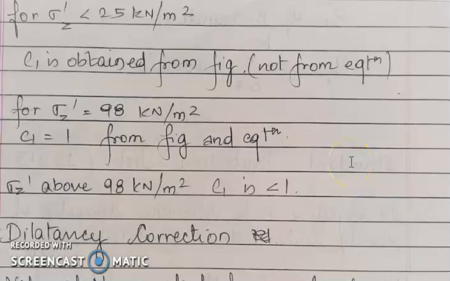Now, when your value of overburden is more than 98, the value of correction factor will be less than 1. So let's go back to the figure, you will understand it very clearly. This point will be 98 kilonewton per meter square.